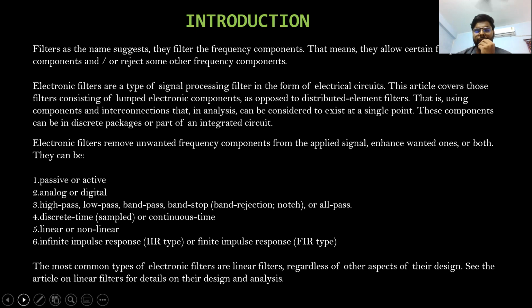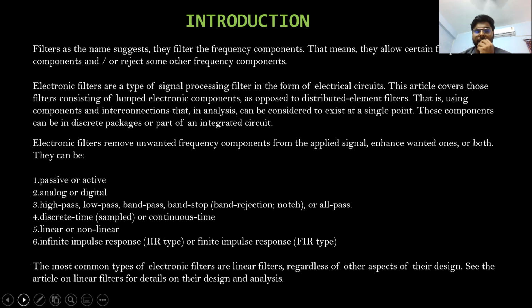First of all, we will discuss the introduction of filters. Filters, as the name suggests, filter the frequency components. That means they allow some frequency components and reject other frequency components. Electronic filters are a type of signal processing filter in the form of electrical circuits.